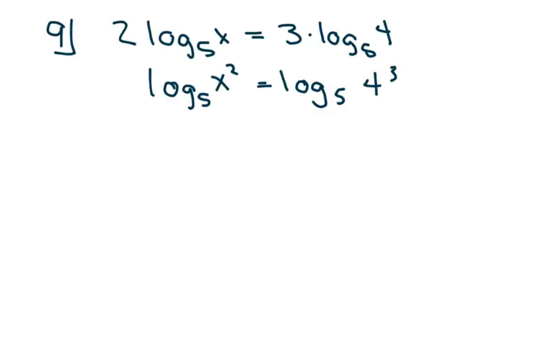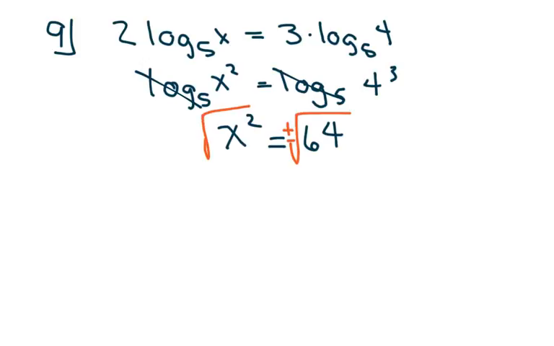Since we have the same bases here, we have x squared equals 64. Now you're going to square root both sides, and you have to take plus and minus. So x equals plus or minus 8.